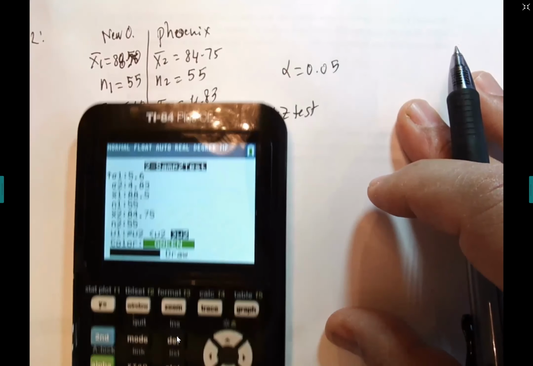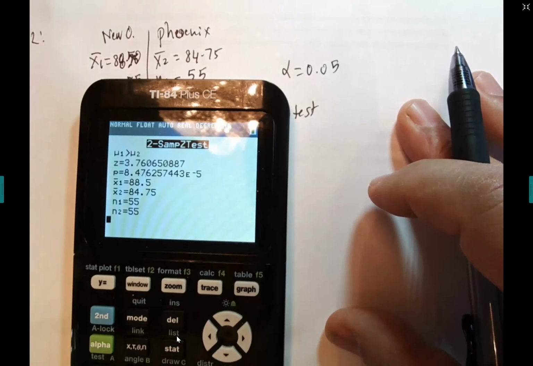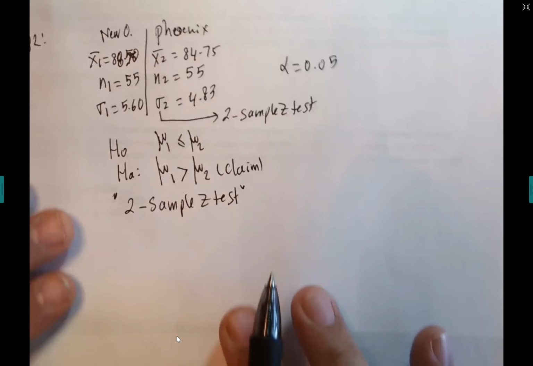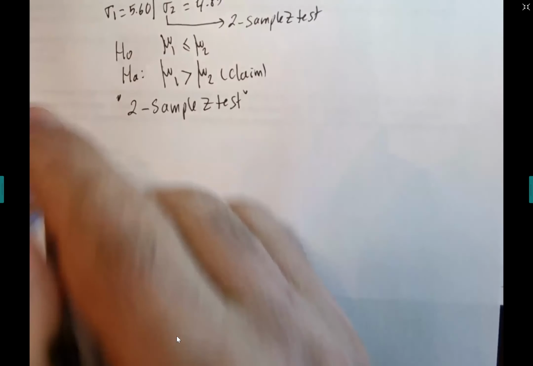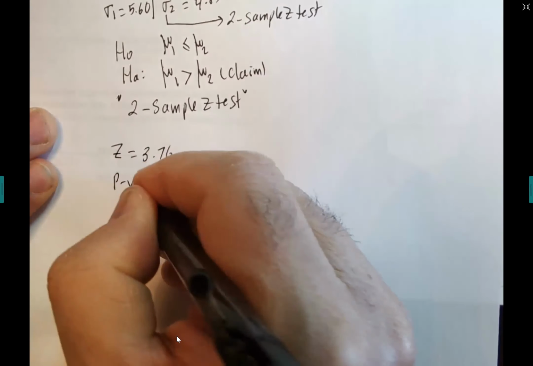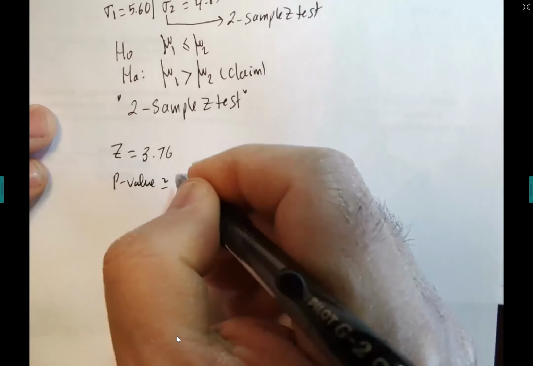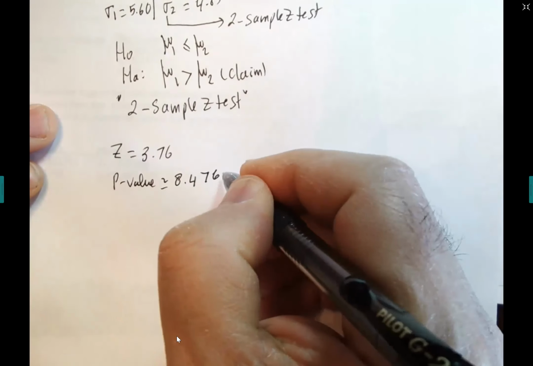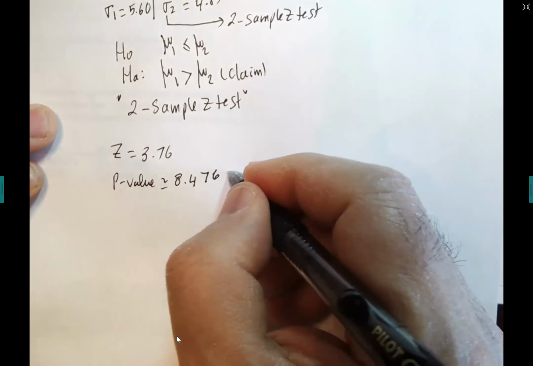And let me just scroll here. And you can see, guys, Z is 3.76. And the p-value, oh good, we got the E-5, so we can interpret that. So let me write them down. Z is 3.76, and I'm gonna write the p-value as I saw it here, and then we'll interpret together. So I got 8.476 E-5.